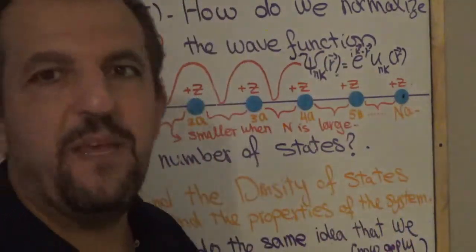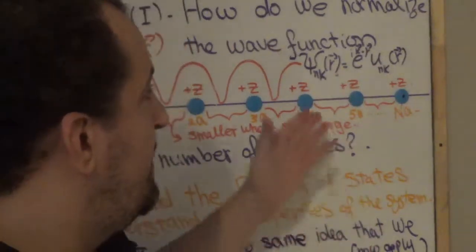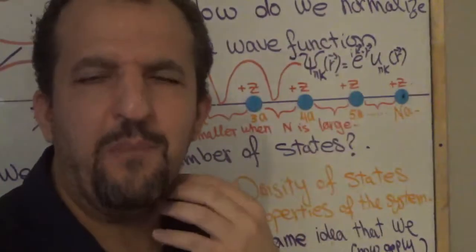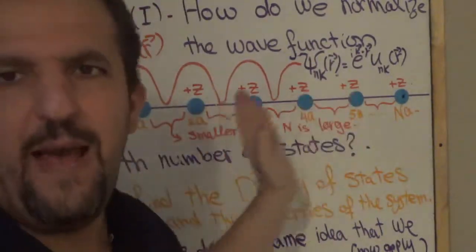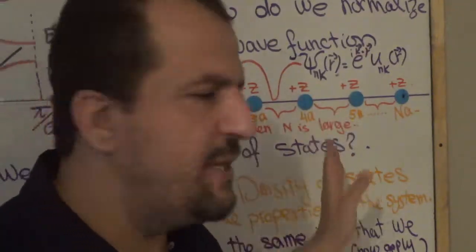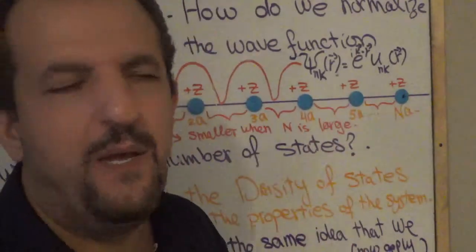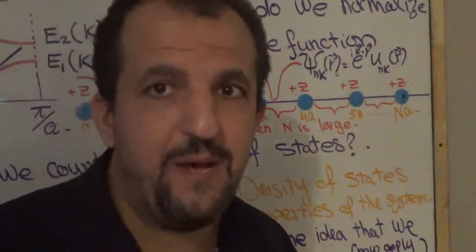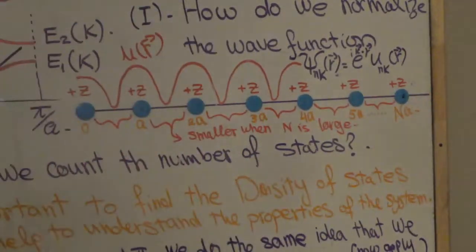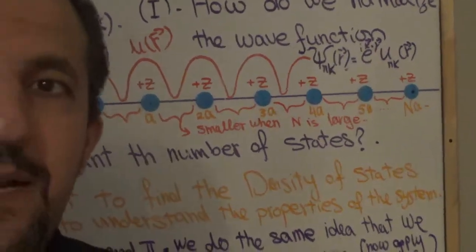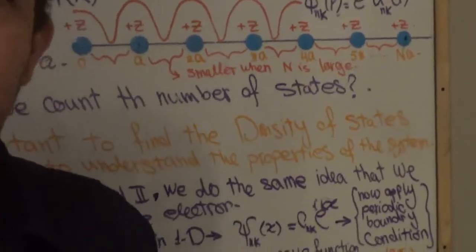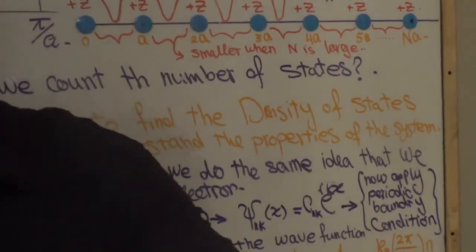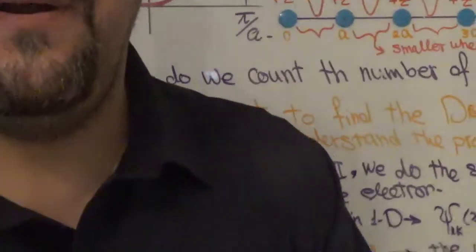It has something to do with the number of ions or atoms in this one-dimensional lattice, and also has something to do with the length of this array of atoms. Okay, that's fine. And now I will go down a little bit, as you can see right here.